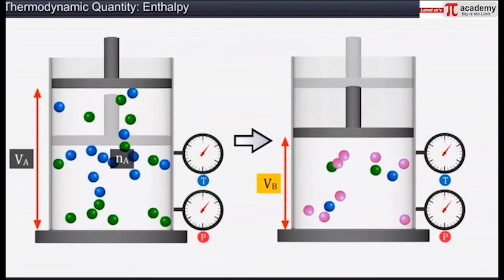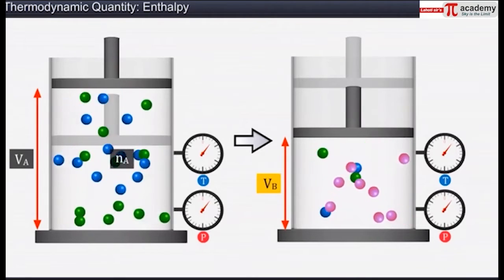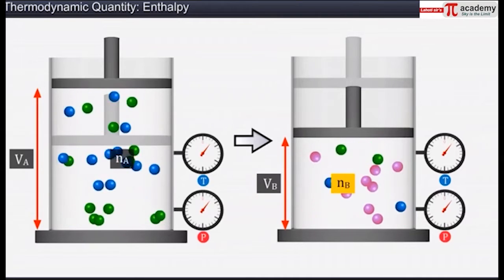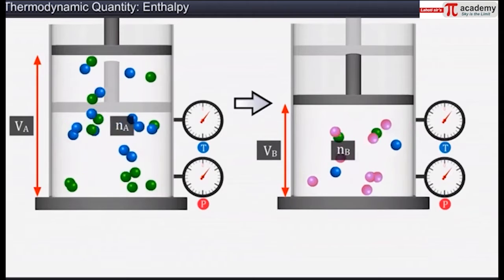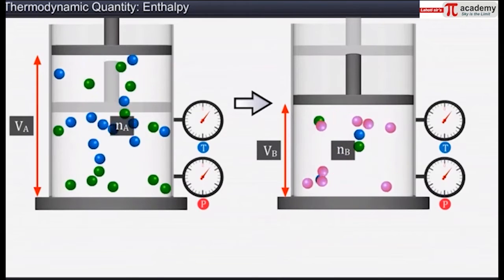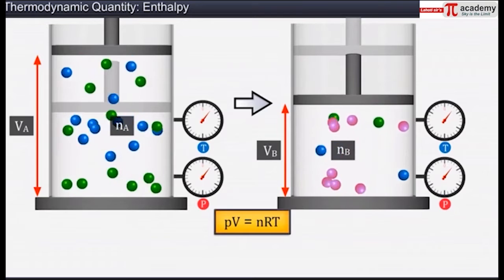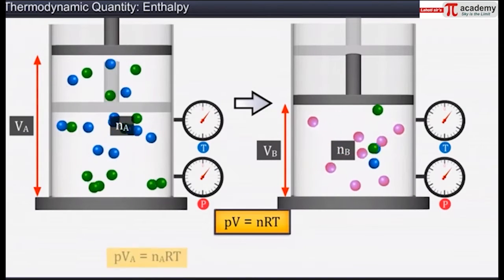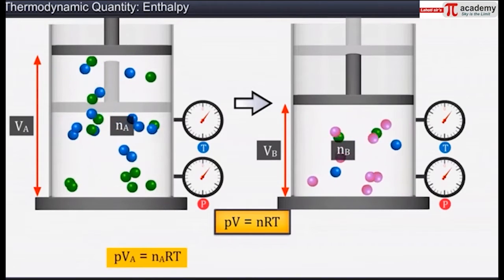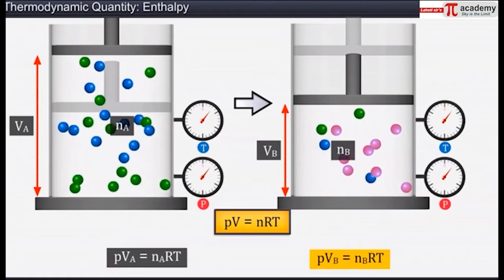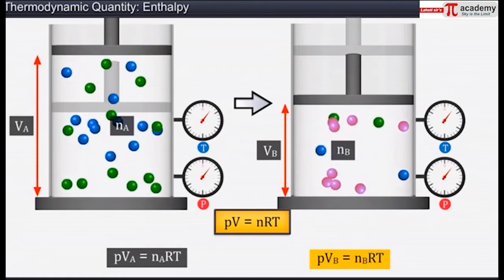Similarly, the volume of the products is VB and the number of moles in the products is nB. We know that according to the ideal gas equation, PV equals nRT. Thus, for the reactants, PVA equals nART, and for the products, PVB equals nBRT.